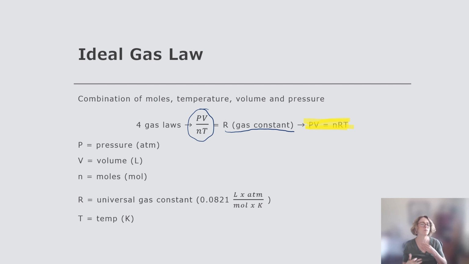Now, one thing before we even start to do any examples with this: how do I know whether I'm using Boyle's law, Charles' law, the combined gas law, or the ideal gas law? The ideal gas law does not involve changing conditions.